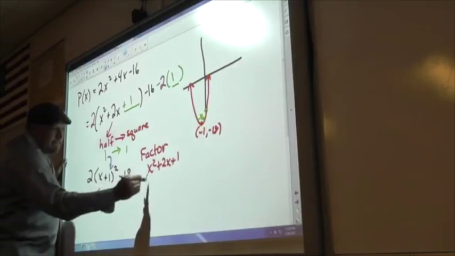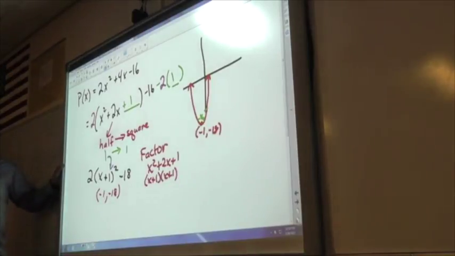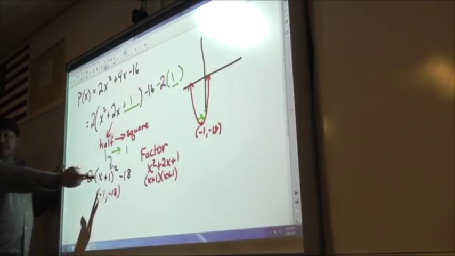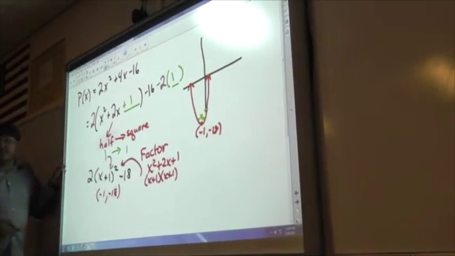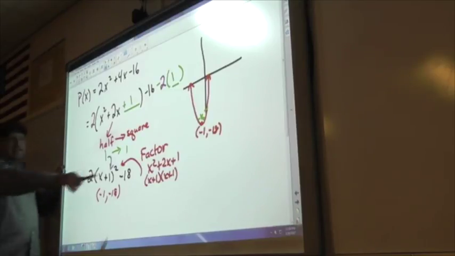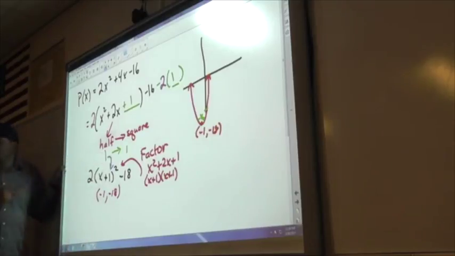It's x plus 1, right? Well, x plus 1 times x plus 1 is x plus 1 squared, right? But what I'm telling you is you don't even have to do that. You don't have to do this on the side. You automatically have it right there.